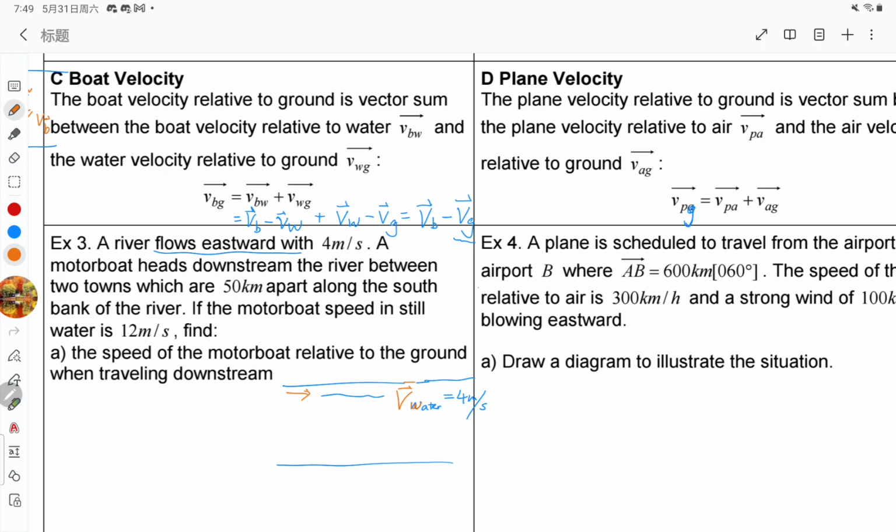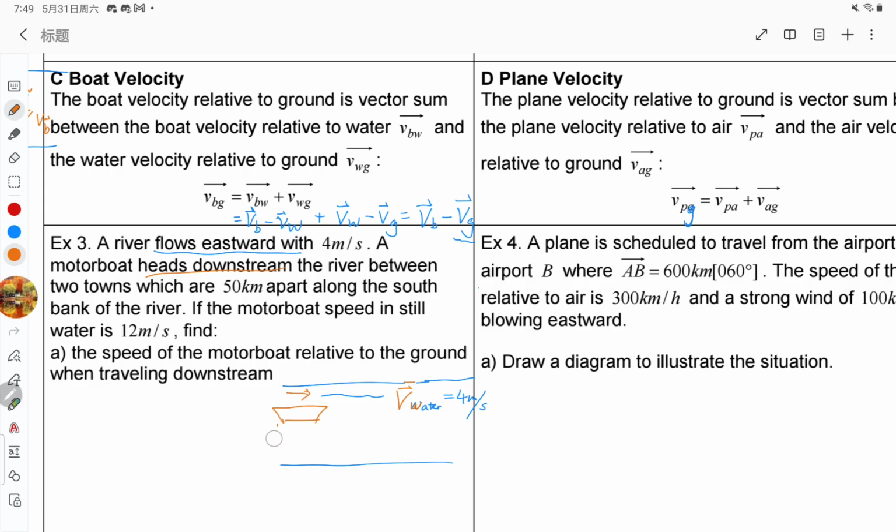And then a motorboat heads downstream the river between two towns, which are 50 meters apart along the south bank of the river. So this is some information. First we have a motorboat. I'll just draw this, heads downstream.